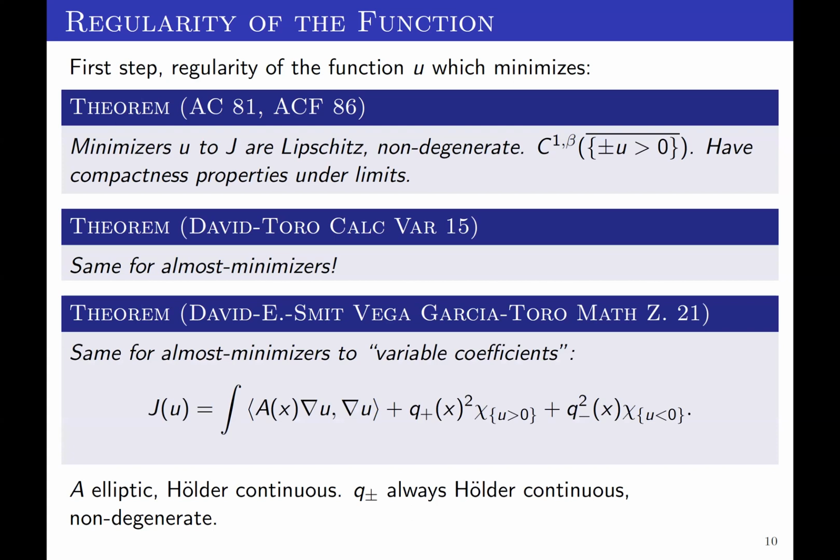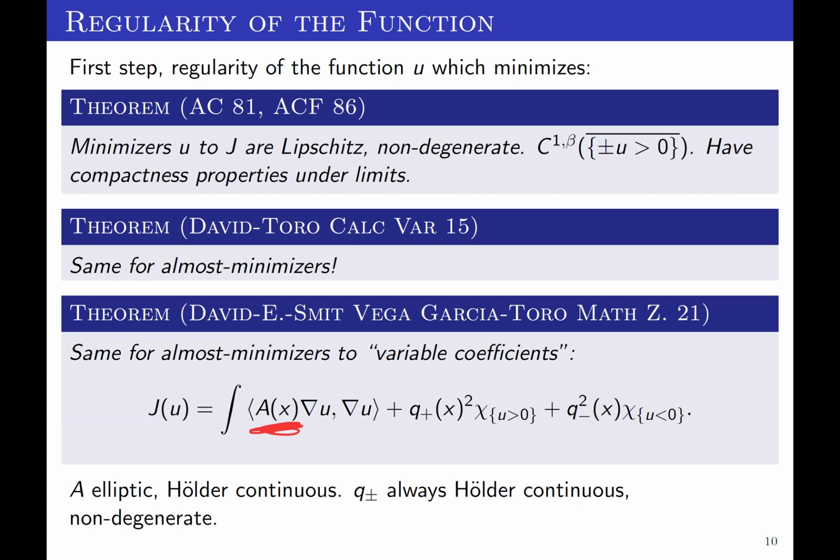And then more recently, joint with Mariana Smit Vega Garcia, we've shown that this theorem works for almost minimizers with variable coefficients. I bring this up because it's part of a larger idea: if you have a perturbation of the original functional, instead of having just the Dirichlet energy, you have some sort of Hölder continuous matrix.